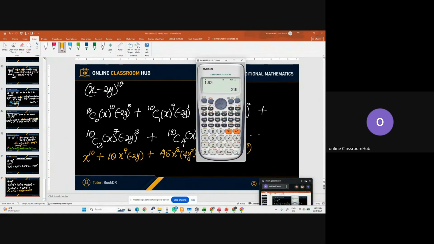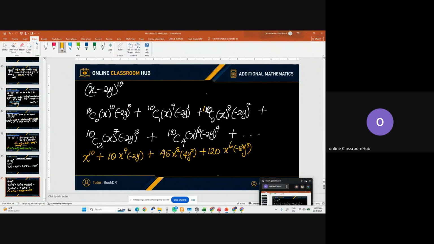So combination 4 is 210. So the coefficient here is 210, and x raised to the power 6, and then the negative 2 raised to the power 4 is 16, positive this time because the power is even. So 16 y raised to the power 4.